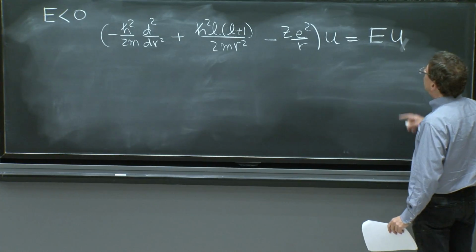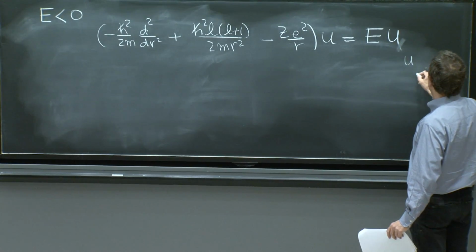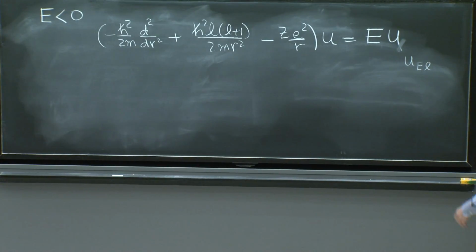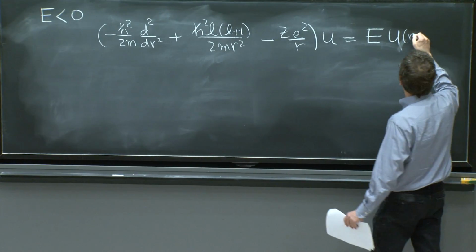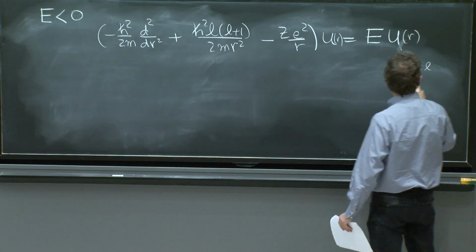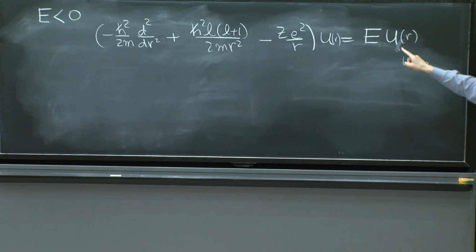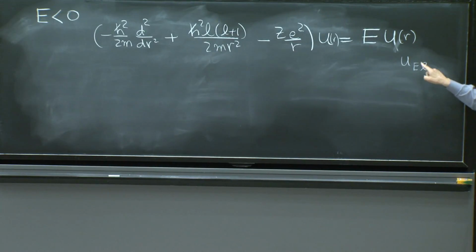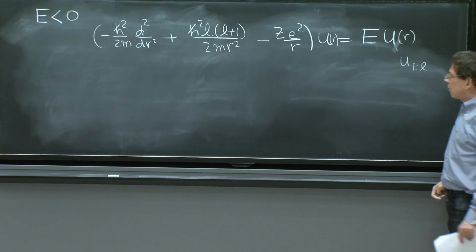Here, I could have labeled u with E and L, because certainly u is u of r, and u depends on the energy that we're going to get, and it will depend on L that is there in the differential equation.